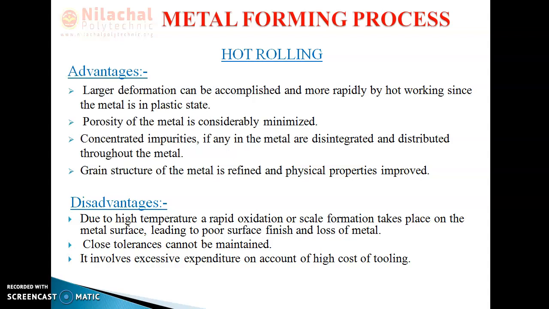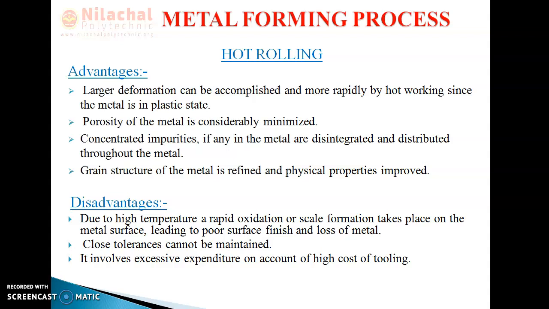Now in this slide we have some advantages and disadvantages of hot rolling mills. First, let us discuss the advantages of hot rolling. The first advantage is that large deformation can be accomplished more rapidly by hot working, since the metal is in plastic state.